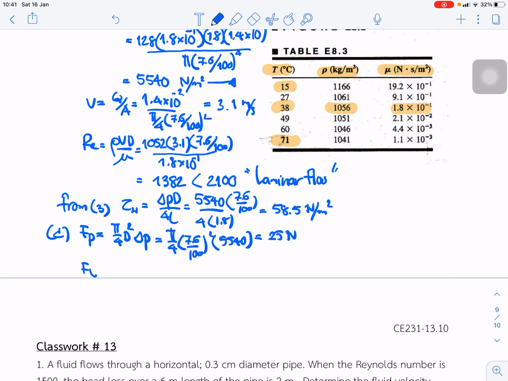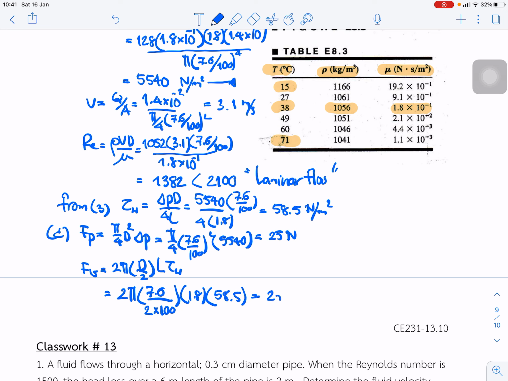And for FV, it is 2 pi r, with r the diameter divided by 2, times the length times the wall shear stress, 58.5.